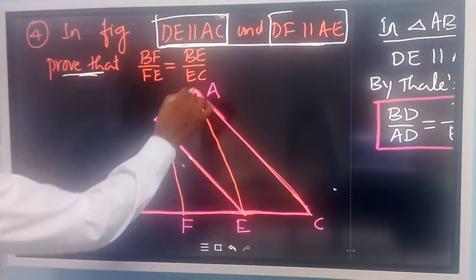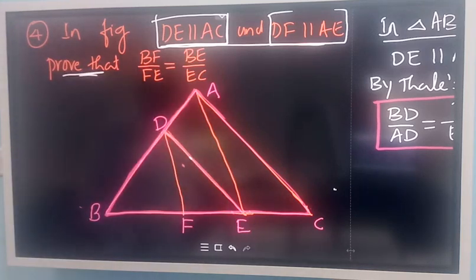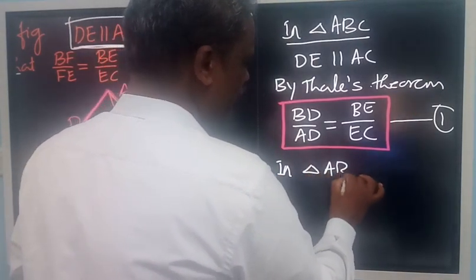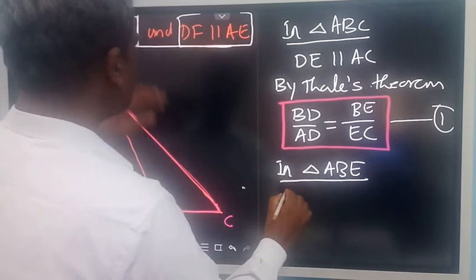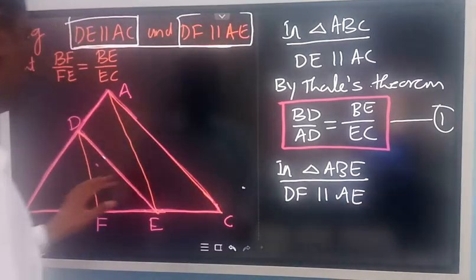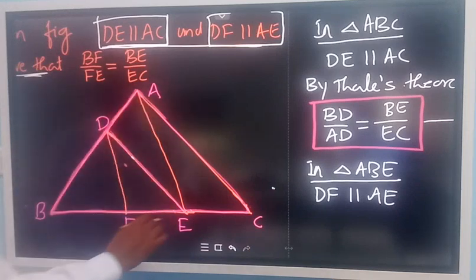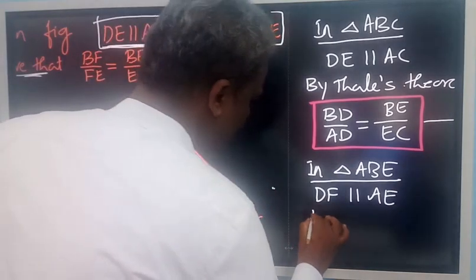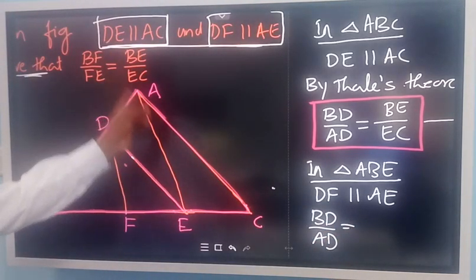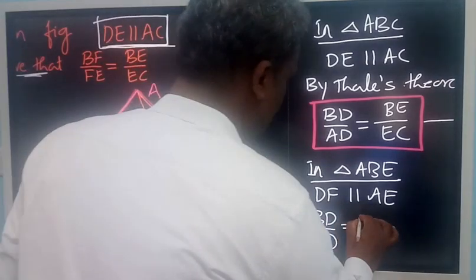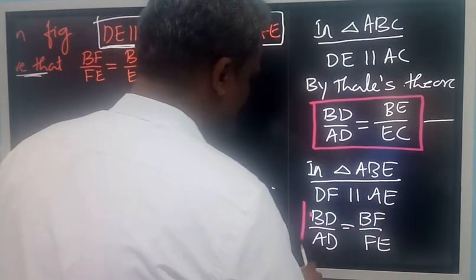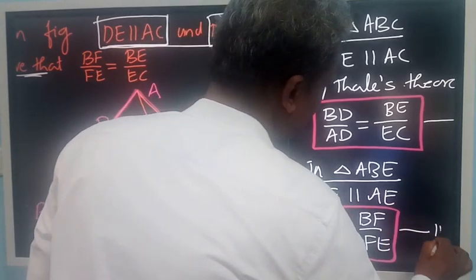Looking at the diagram, you can write BD by AD is equal to BF by FE. You call this equation number 2.